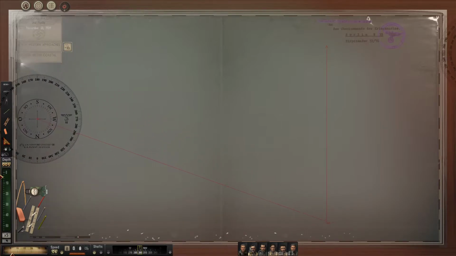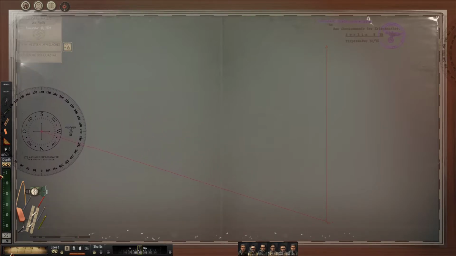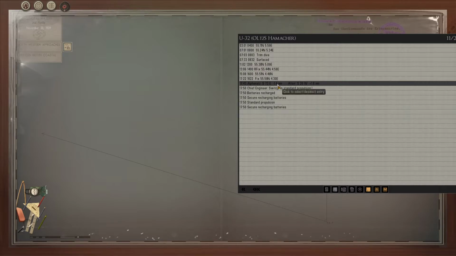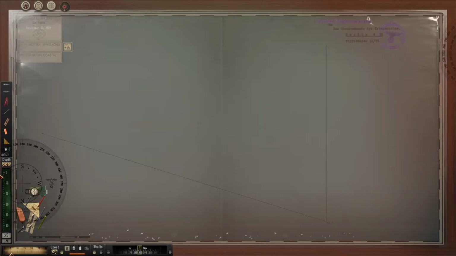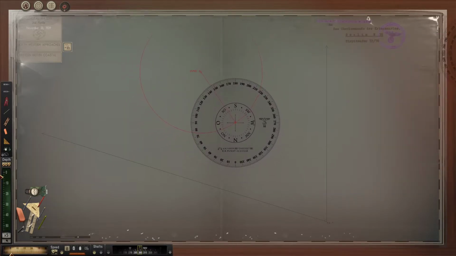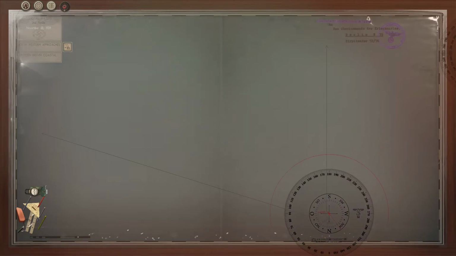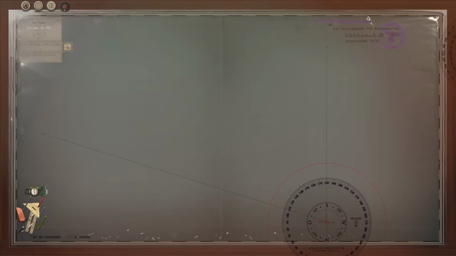Okay, so 73, like so, and then I know it needs to be 1.4, so I'll make one that's 1.4 kilometers and use that as our units. There we go, I put that here, and then I measure my intercept like so.